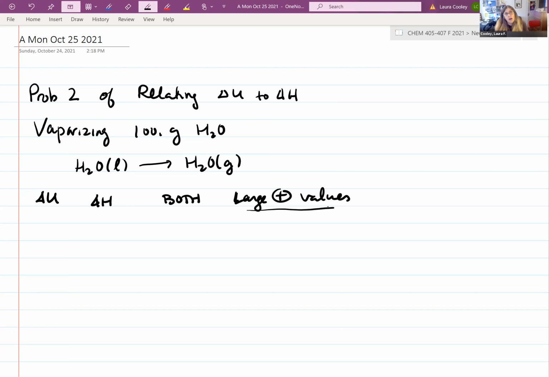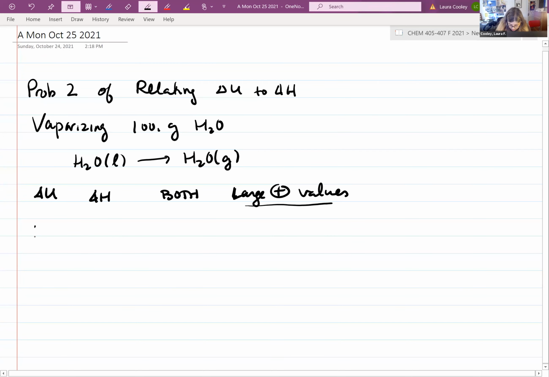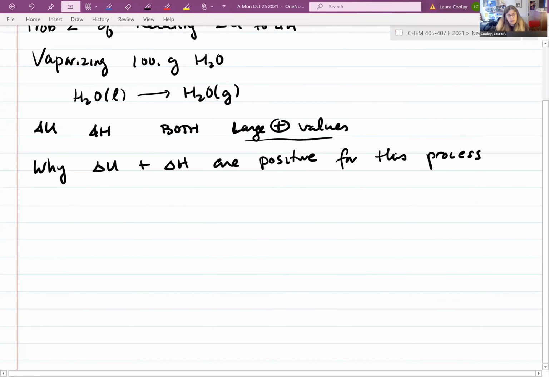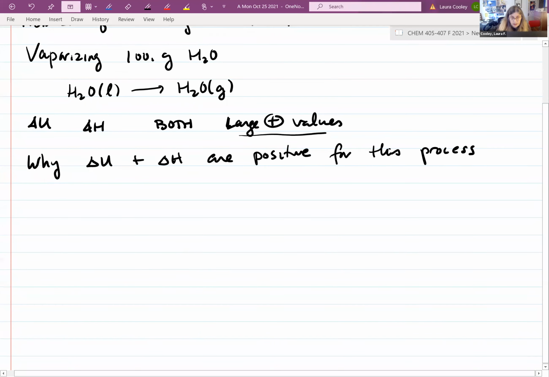So I kind of wanted to talk a little bit about why the delta U and the delta H are positive for this process. Because I think we can learn about delta H and delta U by looking at examples like this. So when you have water in the liquid state, water molecules are attracted to each other by hydrogen bonds.